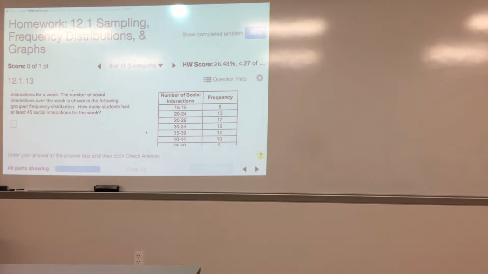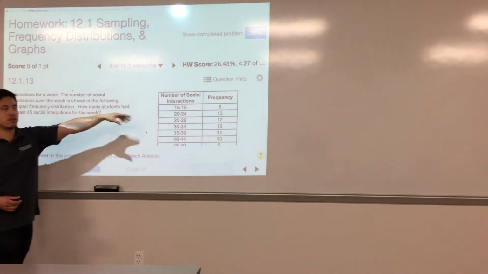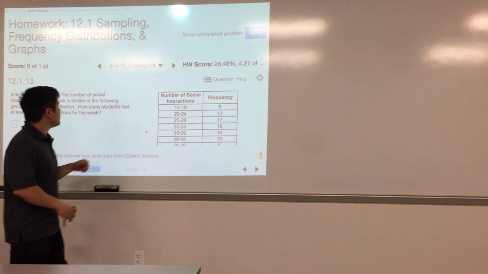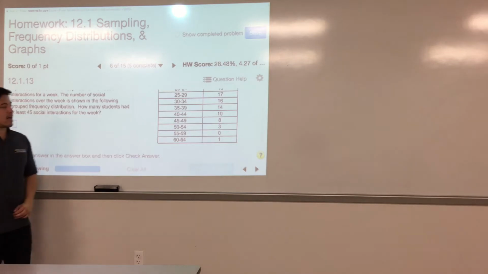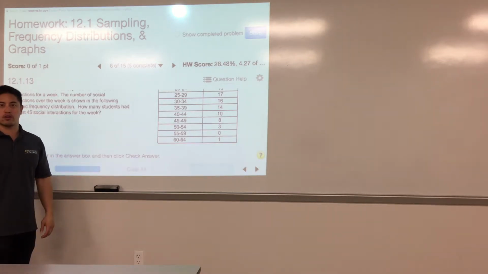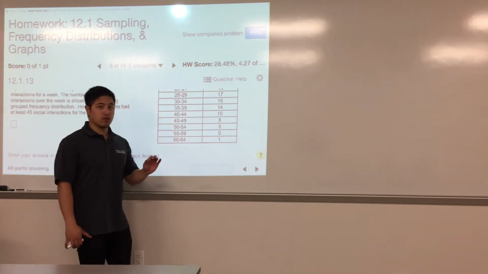Let's just take a look at this question. Same thing about social interactions, but different numbers possibly. How many students had at least 45 social interactions for the week? How many students had at least 45 social interactions? What is that? Are you that careful?